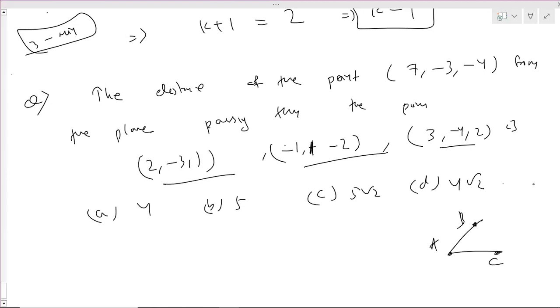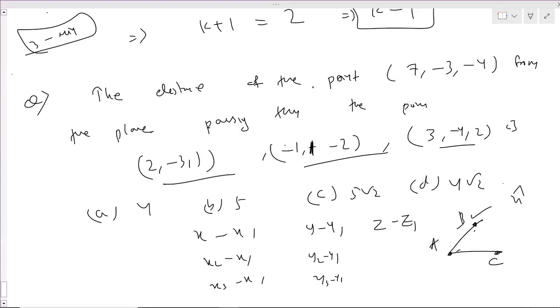Find AB, AC, take cross product. Now you have a normal vector and 3 points. So you can take any point, then use vectors, right? Or using the determinant x minus x1, y minus y1, z minus z1, and underneath x2 minus x1, x3 minus x1, y2 minus y1, y3 minus y1, z2 minus z1, z3 minus z1. Clear? Yes, sir.